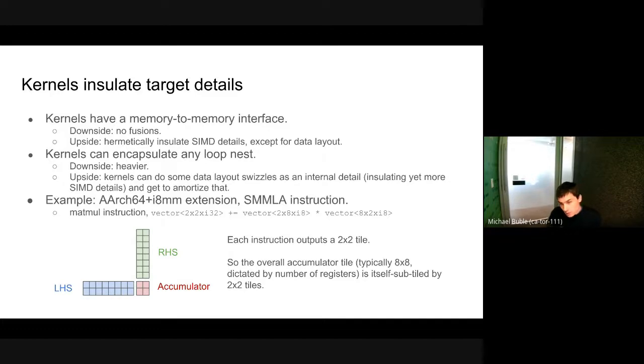When you write a microkernel, you can put the boundary for your microkernel anywhere you want in the loop nest. You can decide what's the boundary between what's part of the kernel and what's the outer non-kernel code calling into it. So if you need to abstract a little more data layout stuff, you can make some data swizzling, some data relayouting, part of what your kernel does.